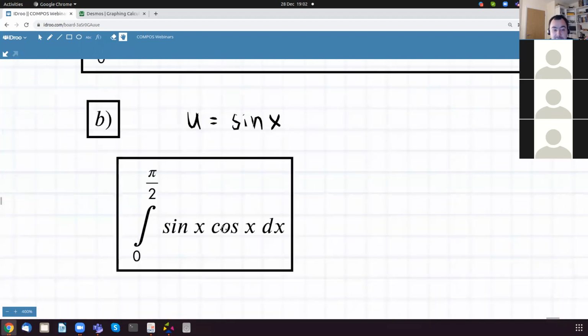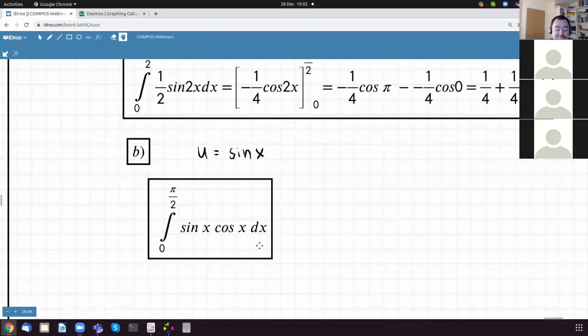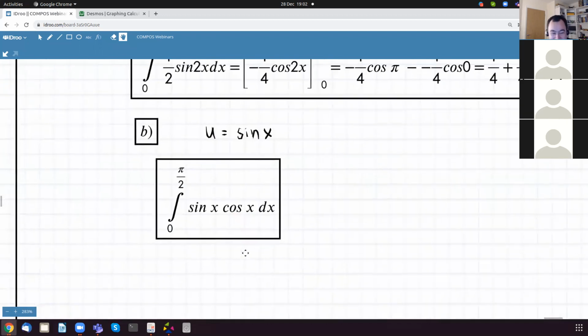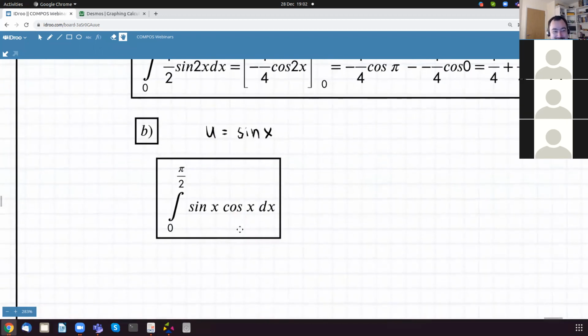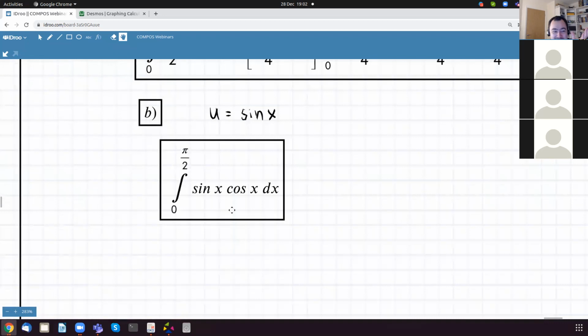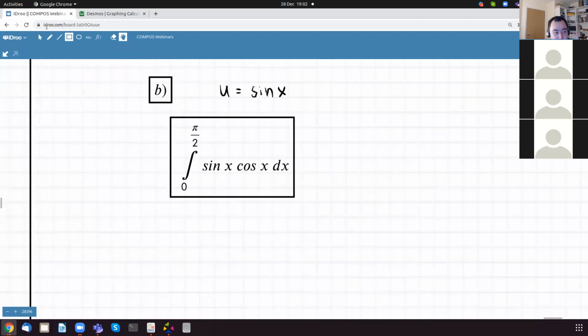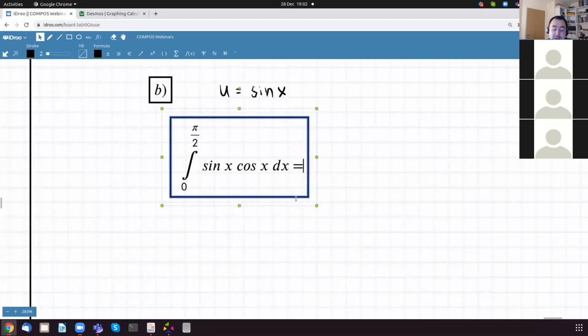And substitution, you won't fully understand it until you've done like 100 integrals or 1,000 integrals. But here, the rule for substitution is that you need to substitute everything.